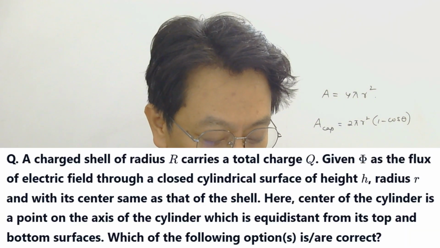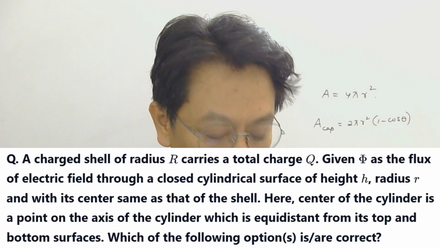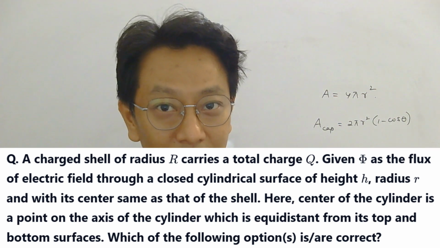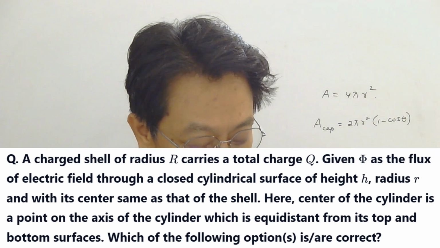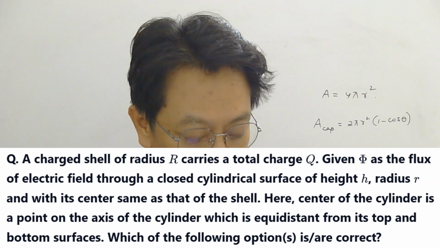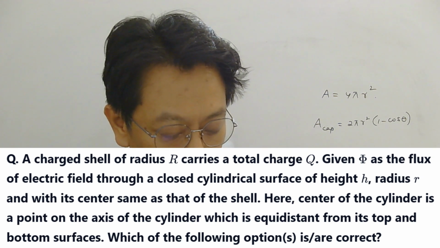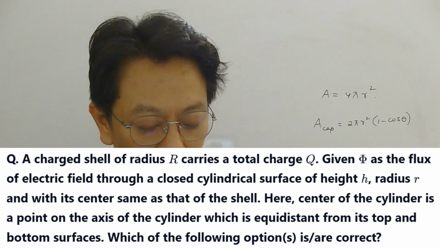It is just a cylinder through which we have to find electric flux, with its center the same as that of the shell. So the center of the cylinder coincides with the center of the shell. Here the center of the cylinder is a point on the axis of the cylinder which is equidistant from its top and bottom surfaces. Now which of the following options are correct?